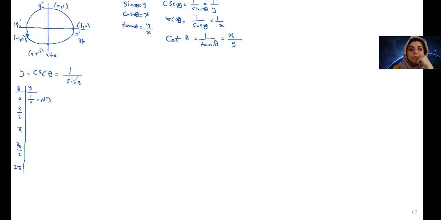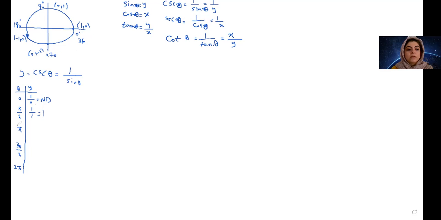Cosecant is 1 over sine. Sine is y component, right? Is 1 over y component. What is the y component here? 1, right? 1 over y component, there is 1, which is 1.